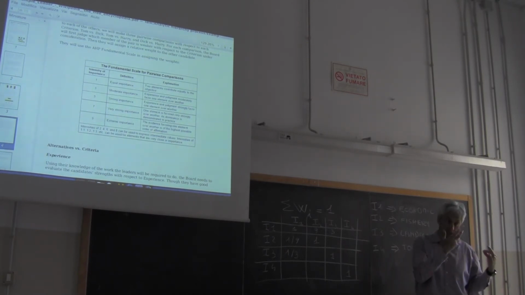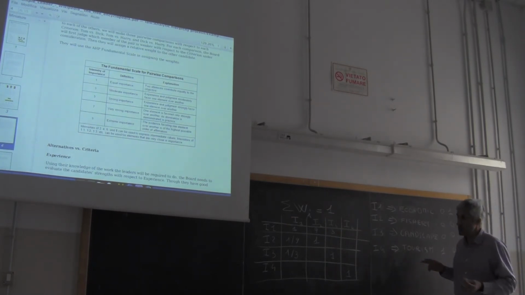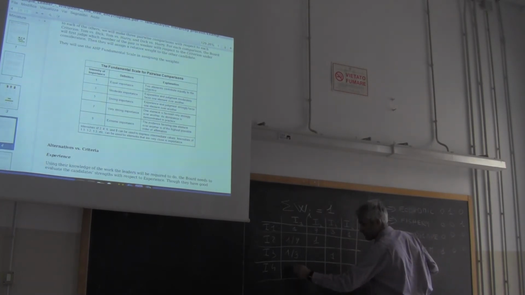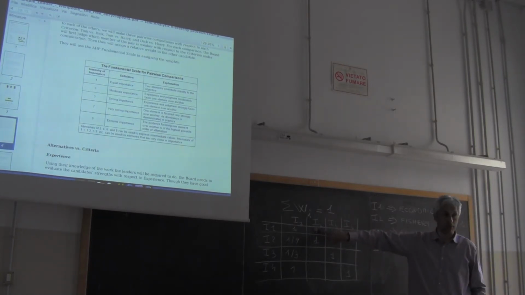I have to keep in mind this. When I will compare I2 with I3, I have to try to remember this. Okay, now, I1 with respect to I4 tourism. Okay, we may say, same importance. Which means that tourism is more important than landscape and is definitely more important than fisheries.